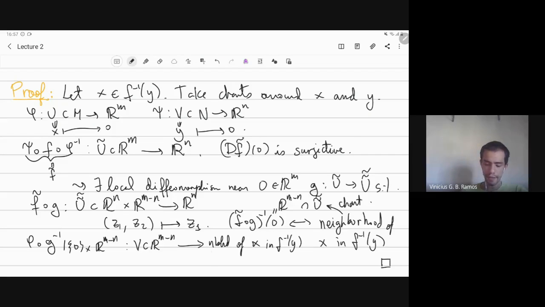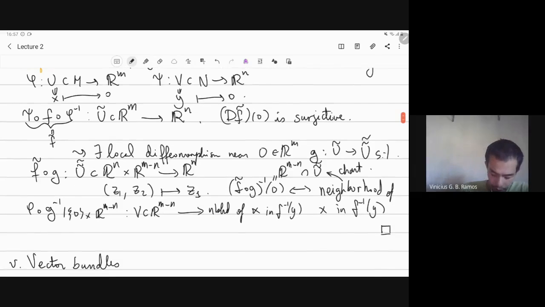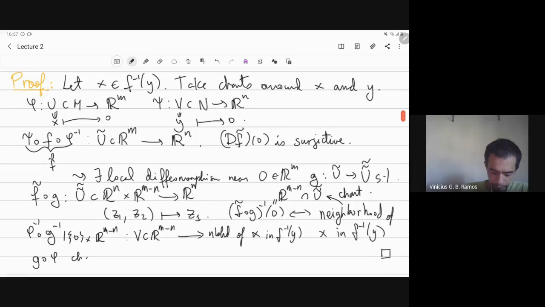So when you take the inverse of this map, you just invert this guy here, so it's just G composed with phi inverse. No, sorry, this is the inverse. So we just have phi composed with G. This will give you a chart.